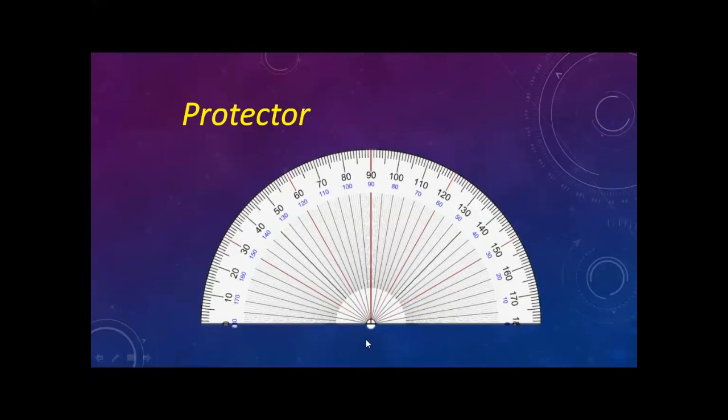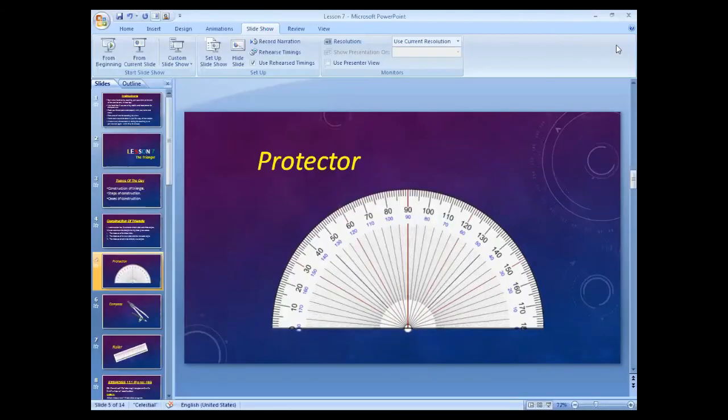Let's suppose we have a point A. You have to place the center point on point A. Then make an angle of whatever, 60 degree, 80 degree, 90 degree. Just remember one thing which is necessary: put your protractor from the center point. Okay? These are the basic informations related to the protractor.